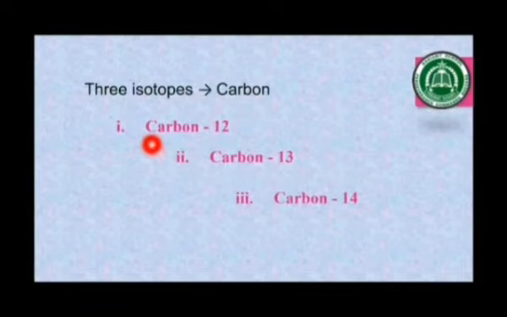We represent the isotopes with their mass number. Carbon 12 means the atom of carbon whose mass is 12. Carbon 13, the isotope of carbon atom that has mass 13. And carbon 14 means the isotope of carbon that has mass number 14.